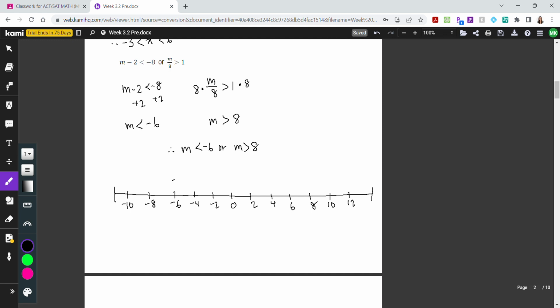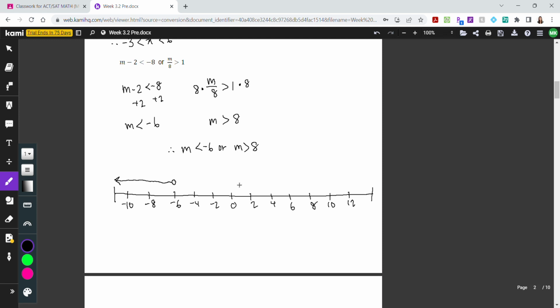So we'll draw a hollow dot because it is a less than sign, it does not have the equal to sign, right? And it will go this way because the smaller side of the inequality sign is pointing towards m, which means that all the values of m will be smaller than negative 6, right? That's why we're going to draw the arrow to the left, because it shows that all the values going this way are going to be smaller than negative 6.